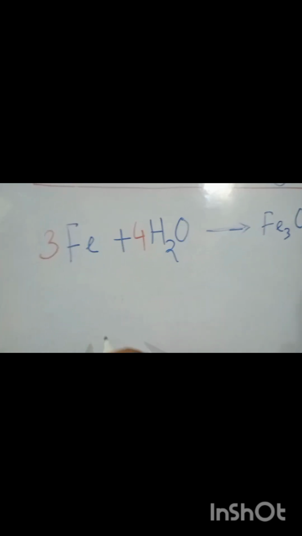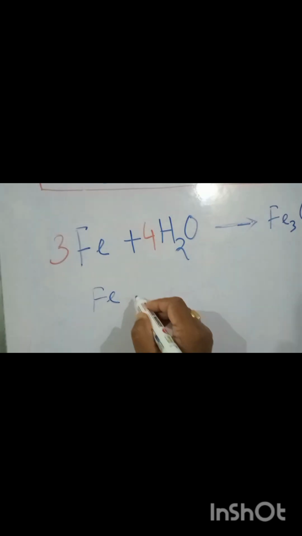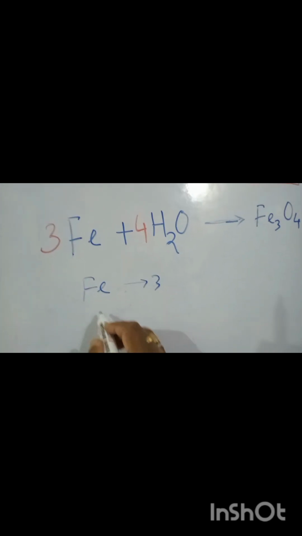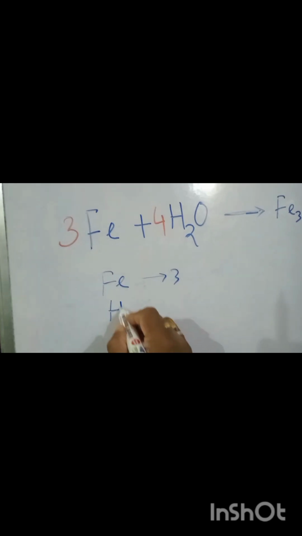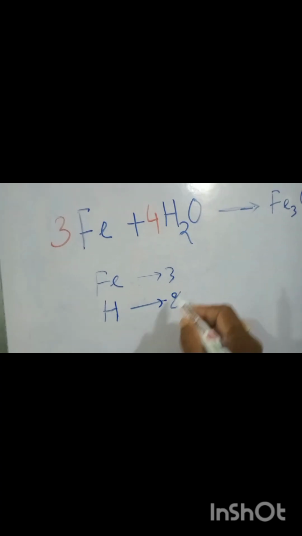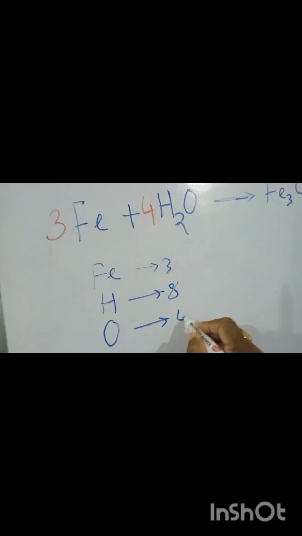Let's check. See, the number of atoms on the left side: iron it is 3, hydrogen it is 8, oxygen it is 4.